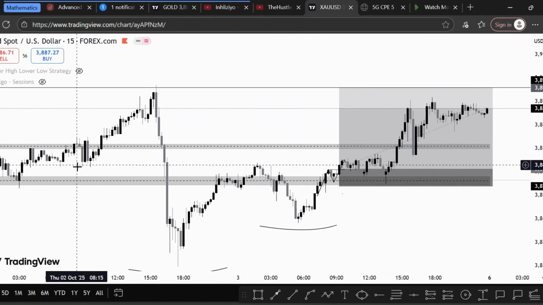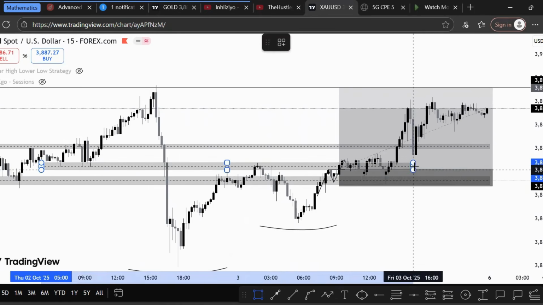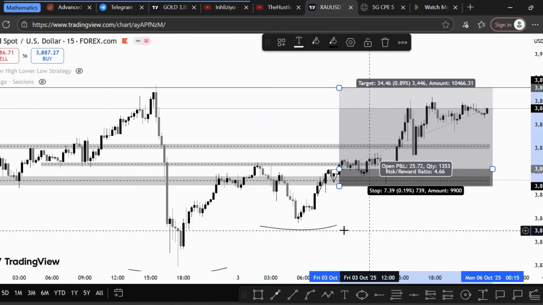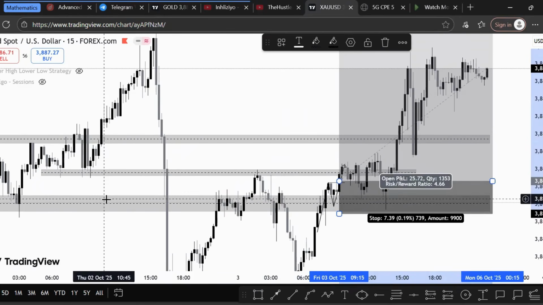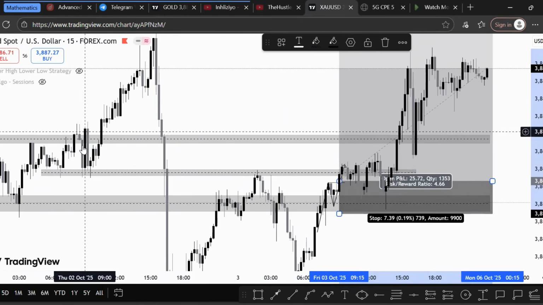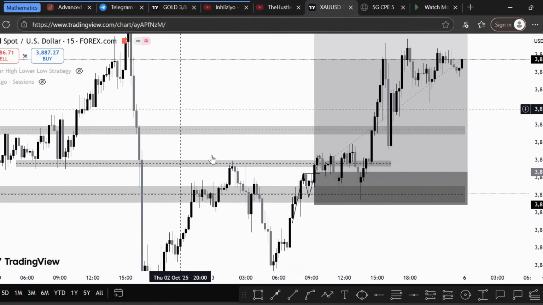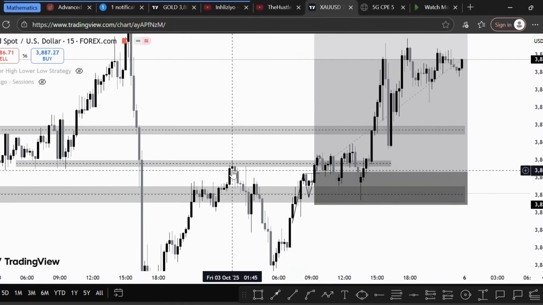But I also saw a level below here where price was also reacting off of. So I wanted to see a nice clear break above that level where price has been reacting off of. As you can see, price was consolidating, reacted off this, created that high, right? And also price came to this level and shot down.